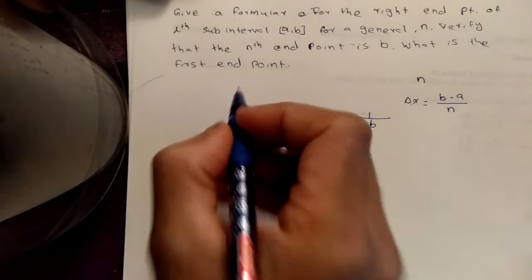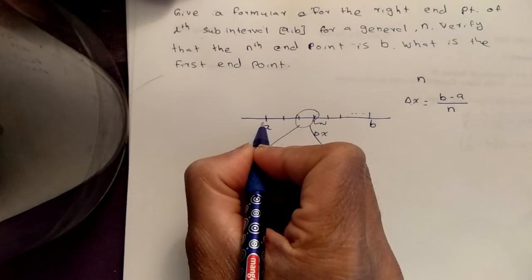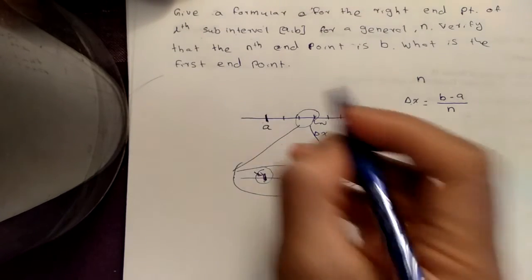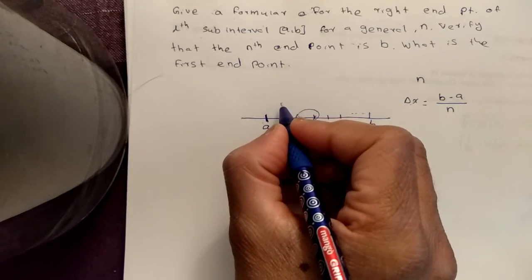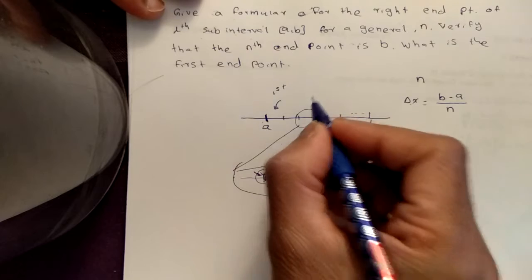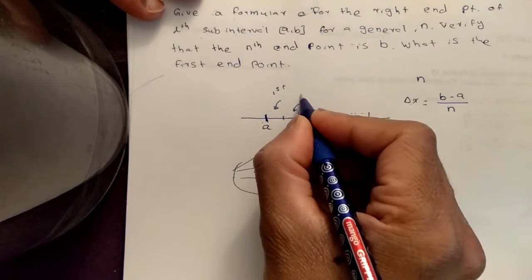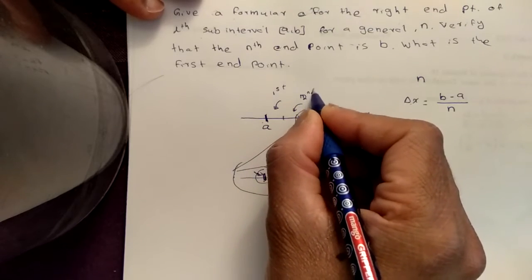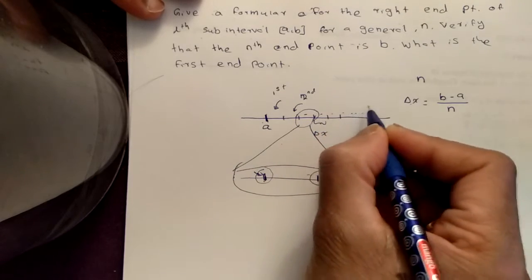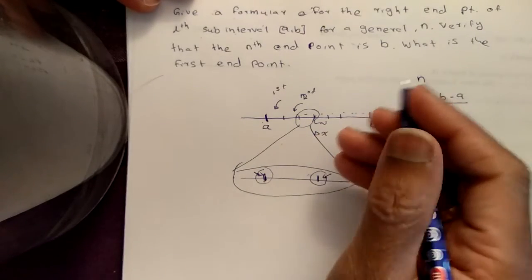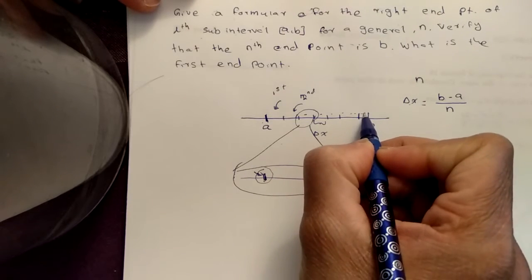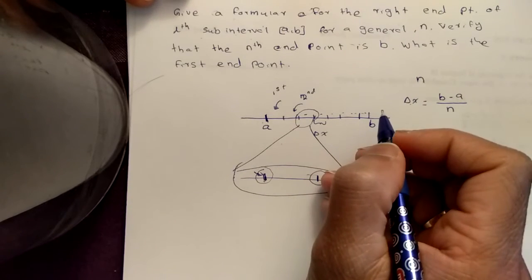At the initial stage we are starting off with A, and then this will be our first subinterval, and this will be our second subinterval. Likewise, it will be the third, fourth, fifth, sixth, seventh, eighth, and we can keep on doing that until we reach the last subinterval.